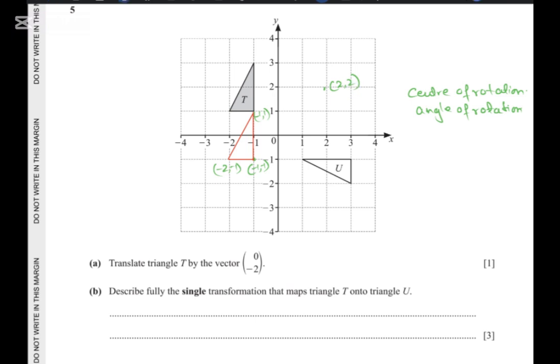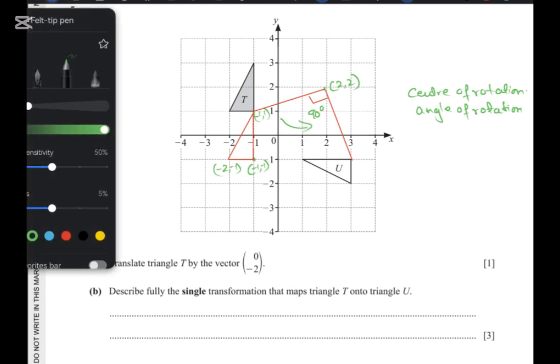Now to get the angle of rotation, you need to take your ruler and join the corresponding vertices to the center. So this is the corresponding vertex. Now when you see these lines and check the angle here, this is a 90-degree angle. And the direction is, it has gone in this way, so it is anti-clockwise.